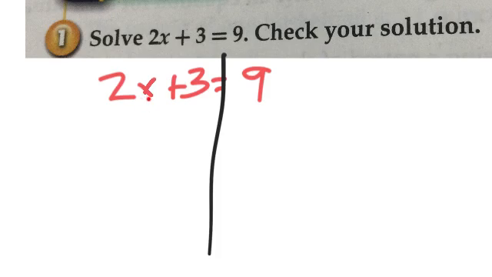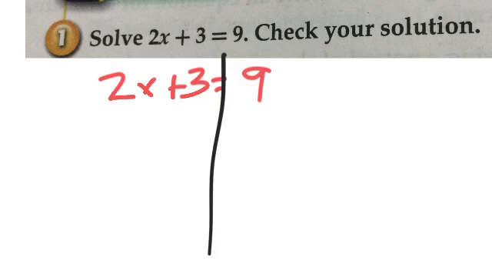So why is the x not by itself? Because it is being multiplied by 2 and added by 3. So I'm going to have to undo both of those things. Now, the order that you undo them in is important. Let me say that again. The order that you undo these in is very important.